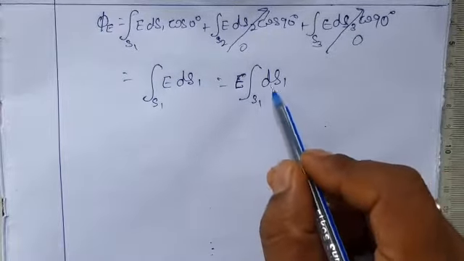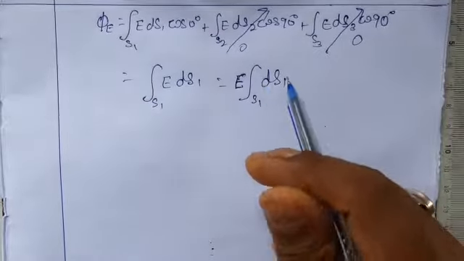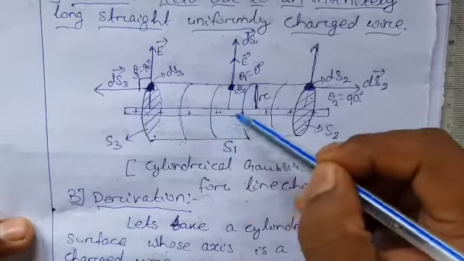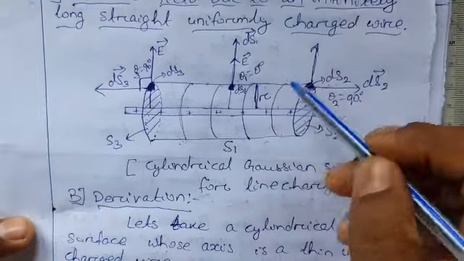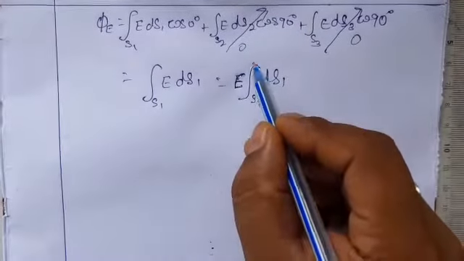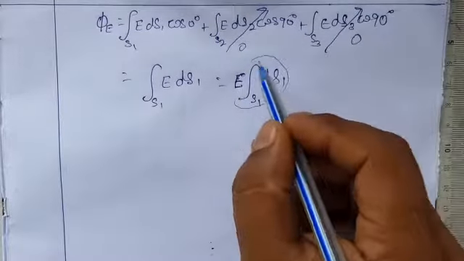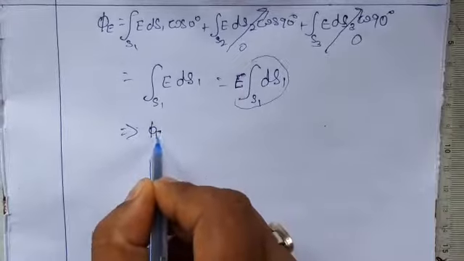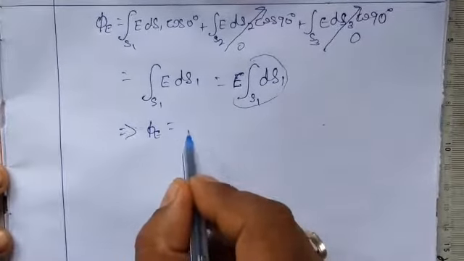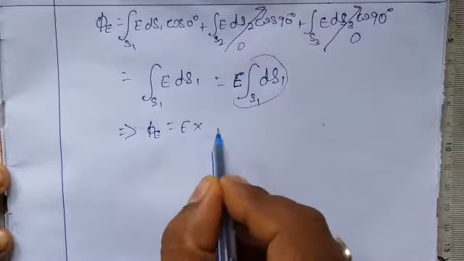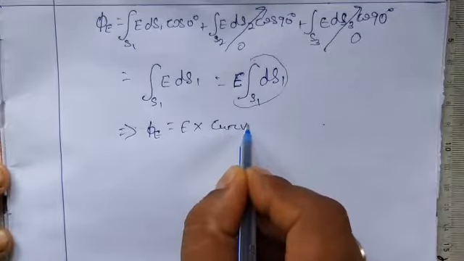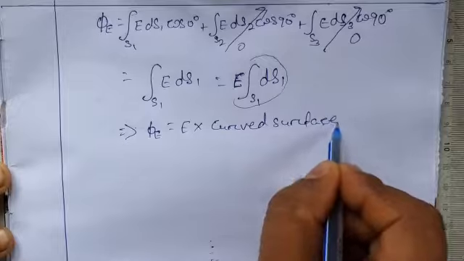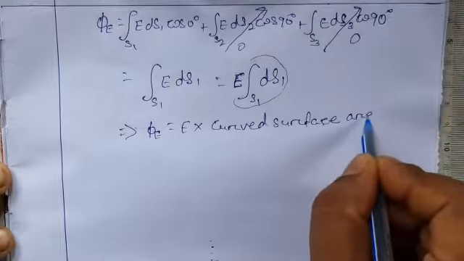See, S1 is the curved surface area. So this part I can write phi E equal to E into curved surface area.